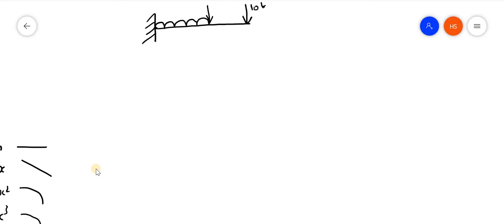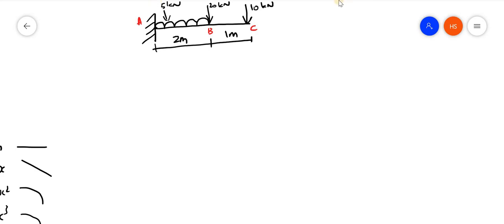Here is a 10 kilonewton, then there is a 20 kilonewton, and here there is a 5 kilonewton per meter, and let the distances be 2 meter and 1 meter. I am marking the points as A, B, C.